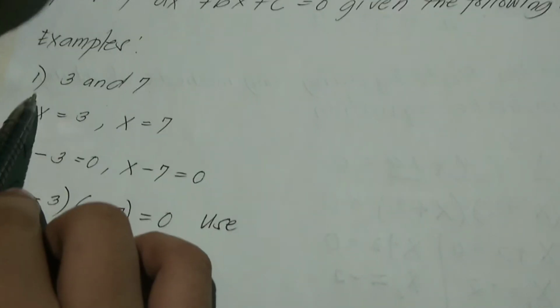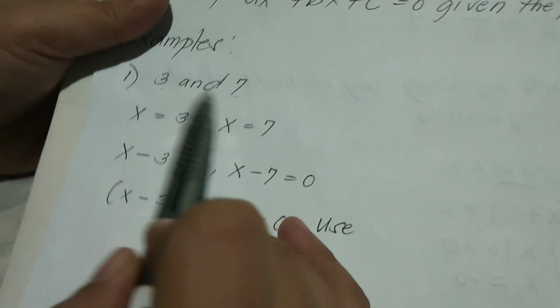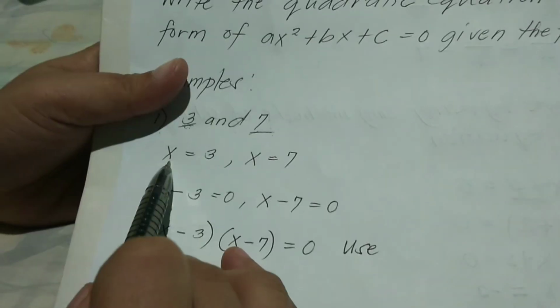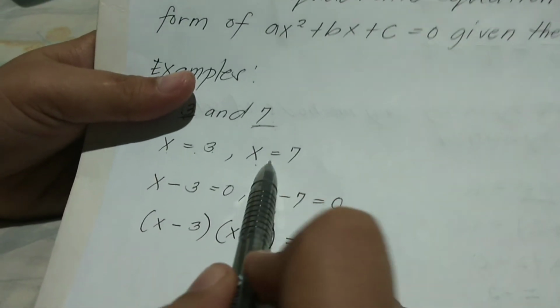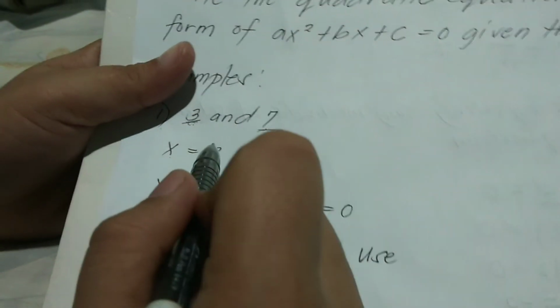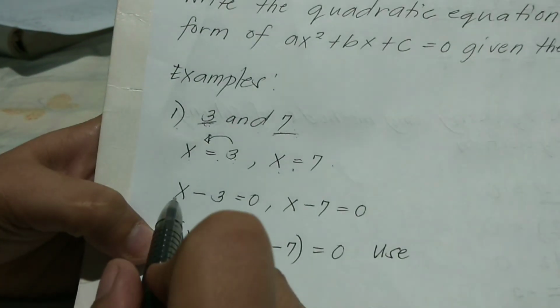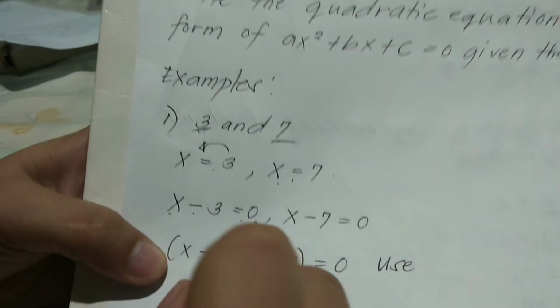Number 1, example: 3 and 7. The given roots are positive 3 and positive 7. First, x is equal to 3 and x is equal to 7. Then transpose the positive 3, so it becomes negative: x minus 3 is equal to 0.